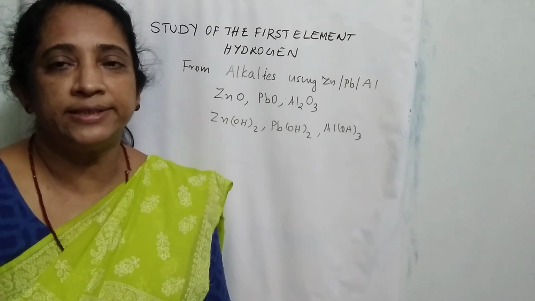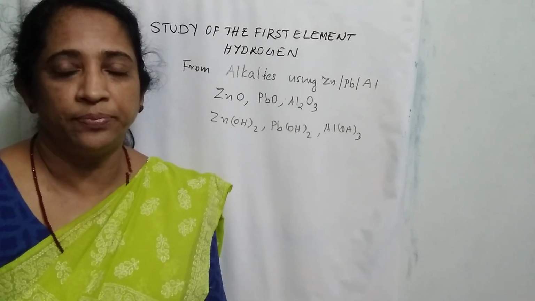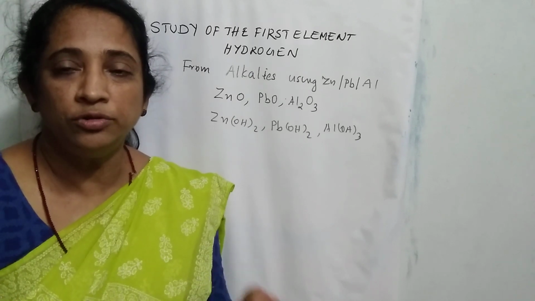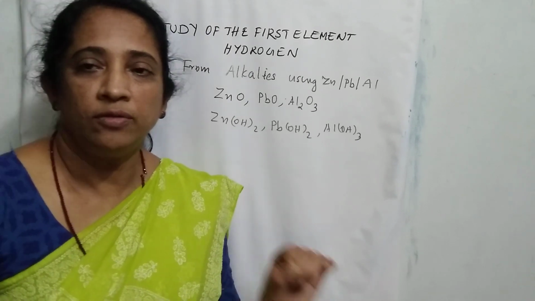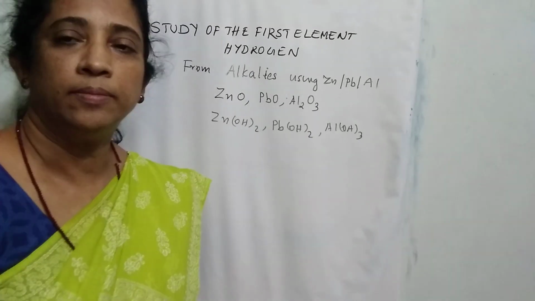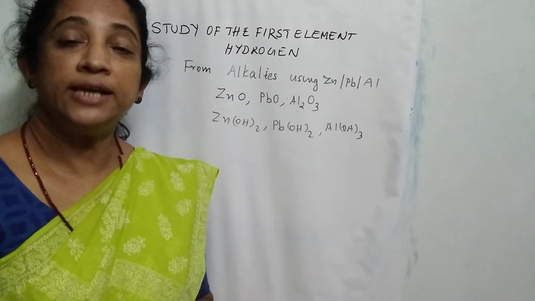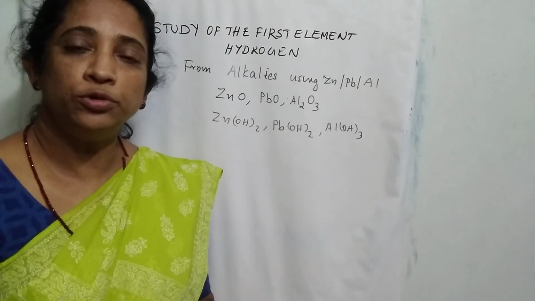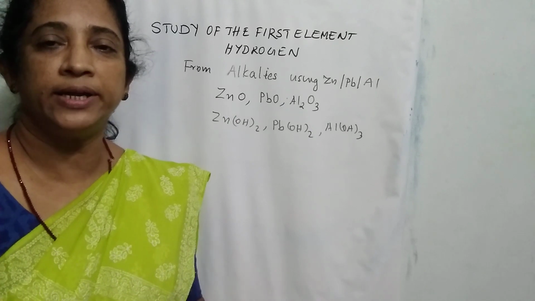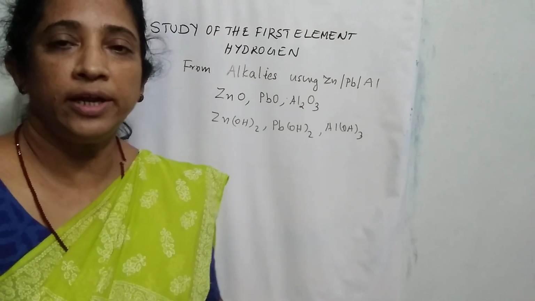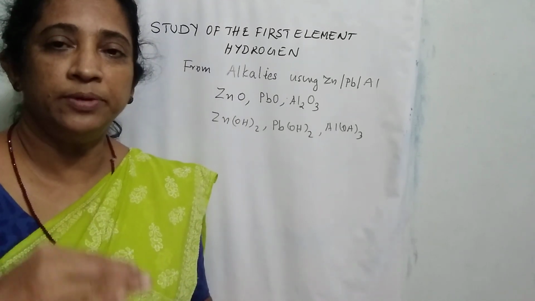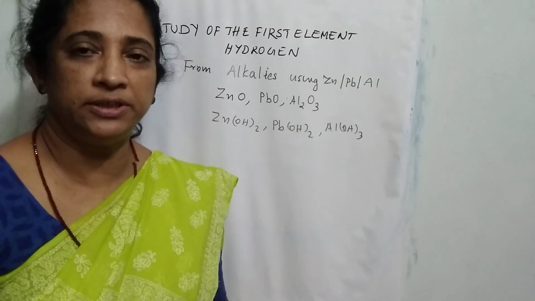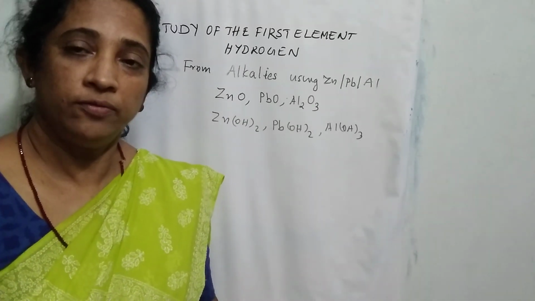Which is the exceptional metal? Lead. Lead does not react with cold water. Elements or metals below hydrogen also do not react with water and liberate hydrogen. There is no reaction of the metals below hydrogen in the activity series with water.